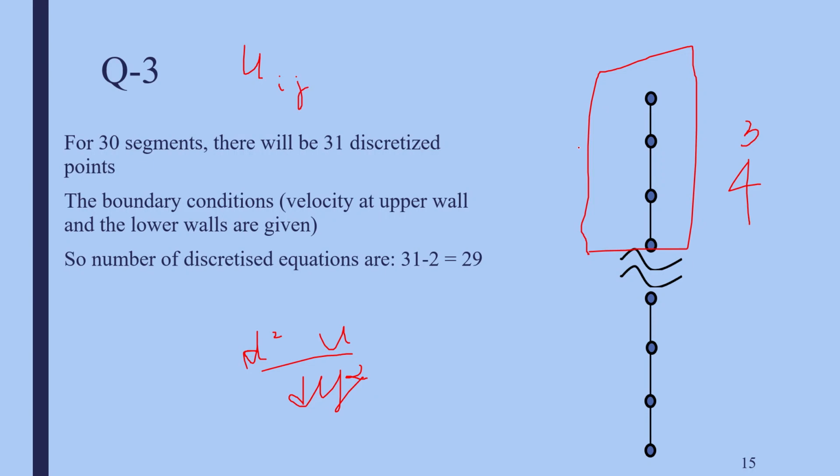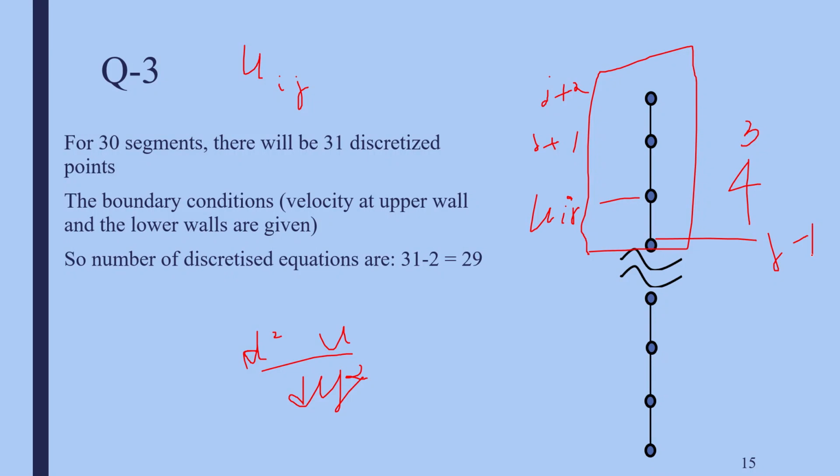In a similar way, let this point be j, this point j plus 1, this point j plus 2, and here j minus 1.